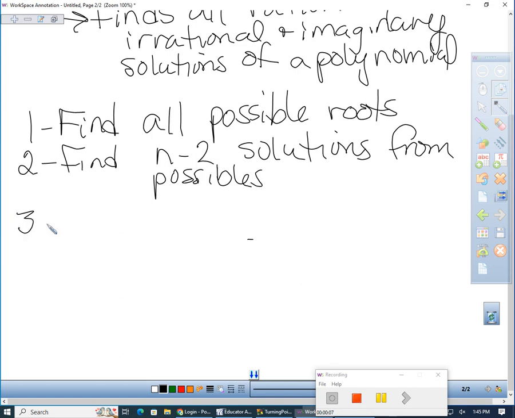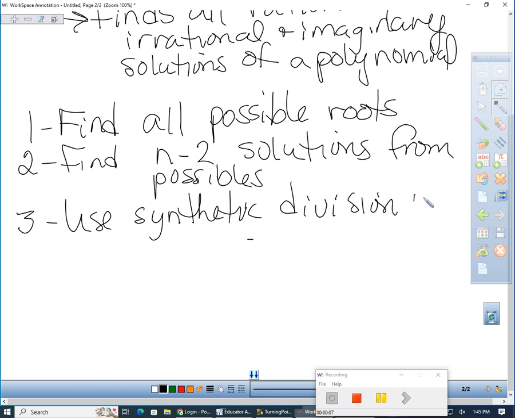Step 3, use synthetic division with each root until you reach a quadratic.